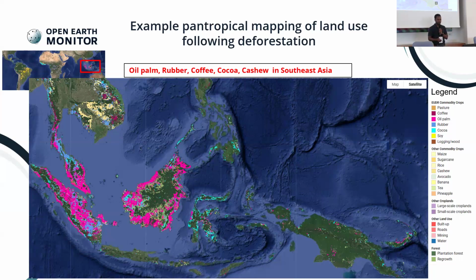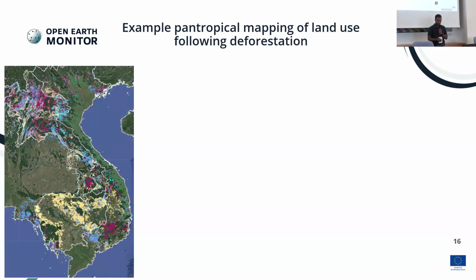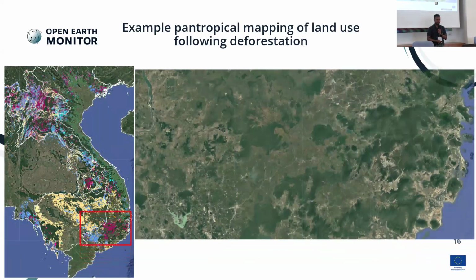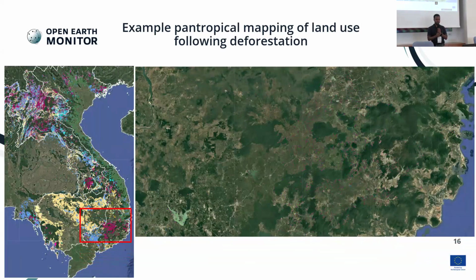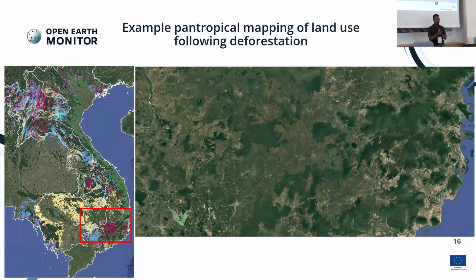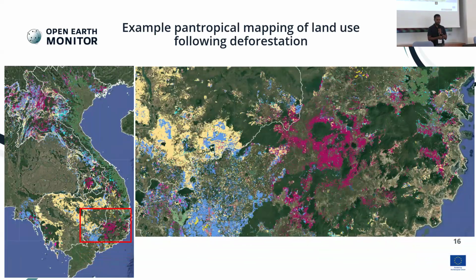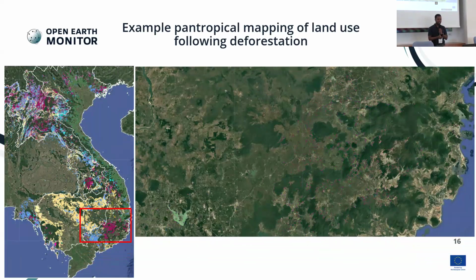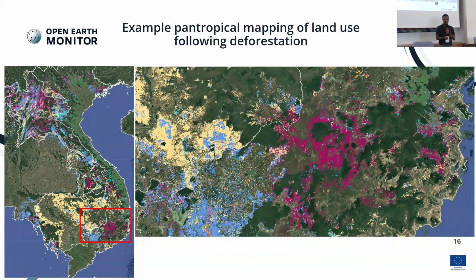And if you zoom in, for example, in Vietnam, you can get a different picture. Here you can see coffee, mostly in Vietnam, and also cashew in Cambodia, for example, and also rubber, all the way to Thailand.